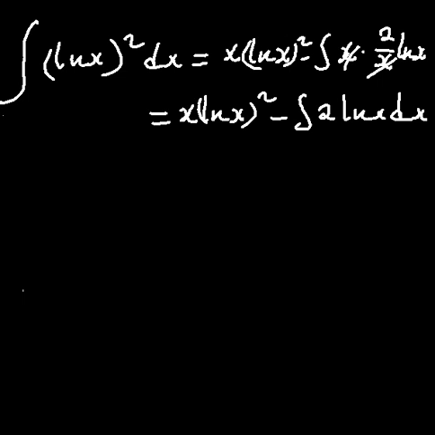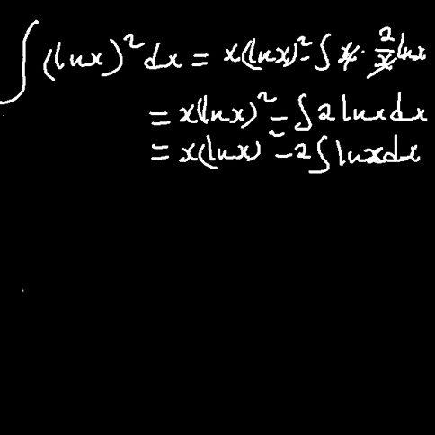So have 2 outside: x times ln x to the power 2 minus 2 times the integral of ln x dx. There is no direct integral for ln x, so we use integration by parts again.